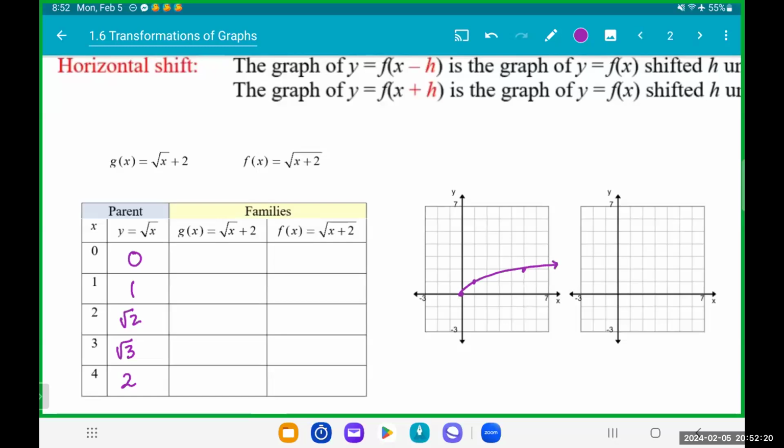So that is what my parent looks like. I'm going to put it on both of these. Here's 1, 2, 3, 4. Okay, so parent is in purple.